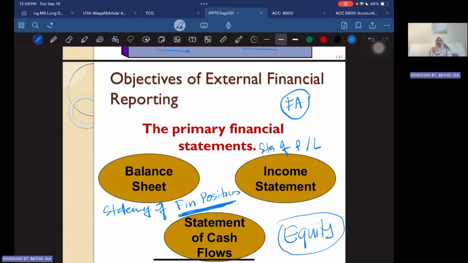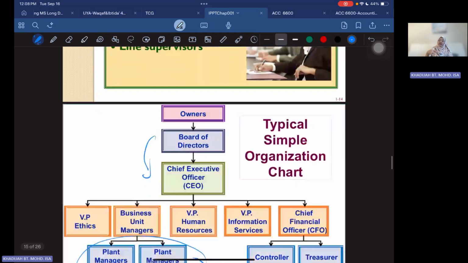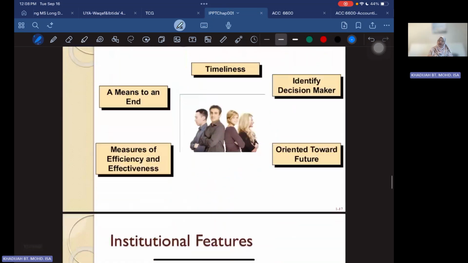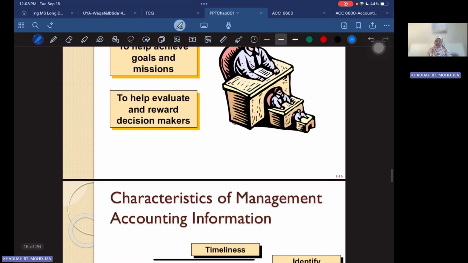So for the FA, the objective is not the same. All right, we are going to provide information about the balance sheet, income statement, and cash flow to be used by the external users. For the internal management accounting, all right, the users are actually internal, to help achieve the goals and mission of the company and to evaluate and reward decision makers.